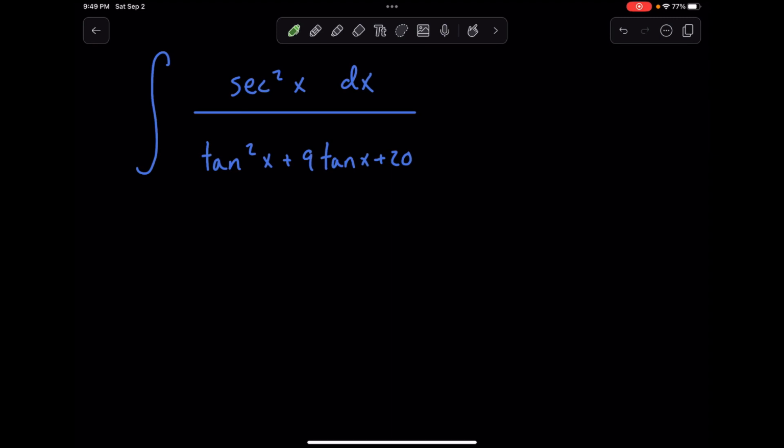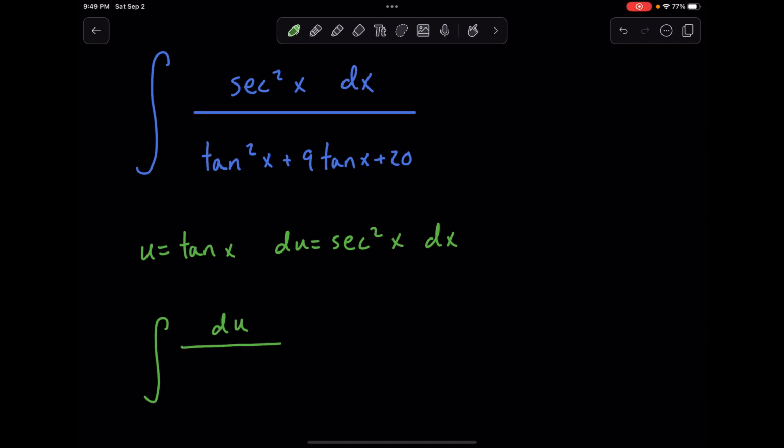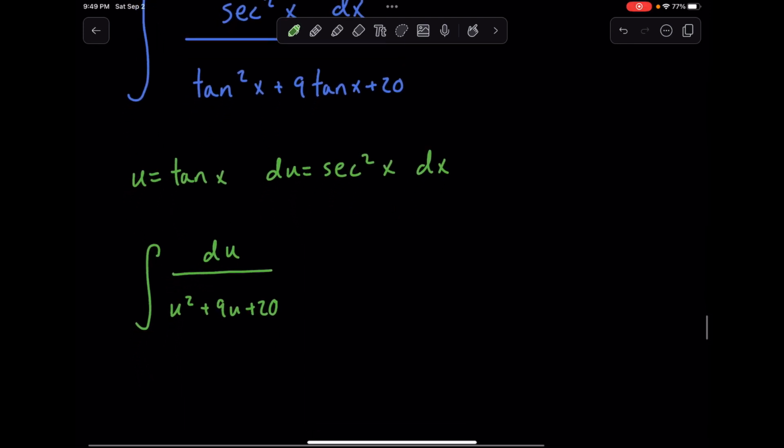Alright, so the second example here might not initially look like a partial fraction question, but it will become one after we use a u sub. So we're going to start by setting u equal to tangent of x, and du will become secant squared x dx. We can now rewrite this as du over u squared plus 9u plus 20. So now we want to factor the bottom.